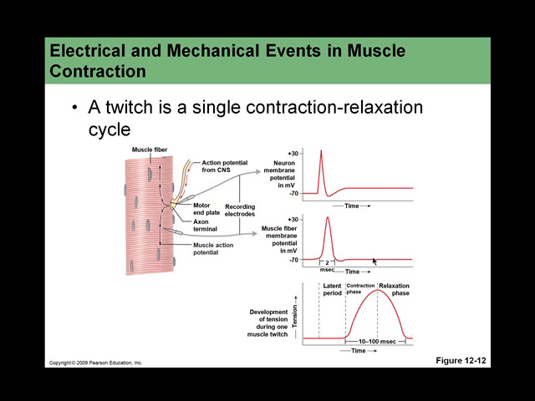Otherwise, if you don't get another excitation contraction event in this time period, the calcium is going to be removed, right? And you're going to get the relaxation phase. So this 10 to 100 milliseconds differs, and it is calcium concentration dependent.